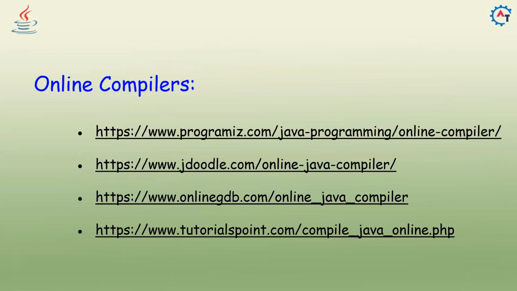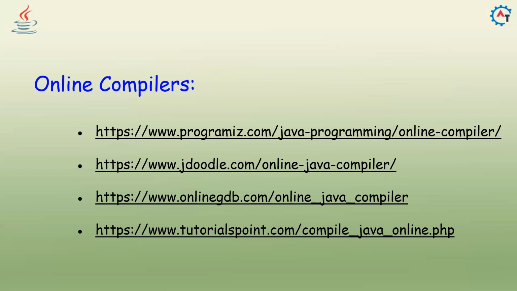Why do we need to discuss online compilers? One thing is, if you do not have anything installed in your machine, you can directly go to this URL and execute. You can write simple programs, though this is also not helpful to build an application. It is just to practice. Sometimes you will be in your office, you do not have a personal laptop, or you are working from the office. In the office, on your laptop or desktop, the company will not allow you to install anything.